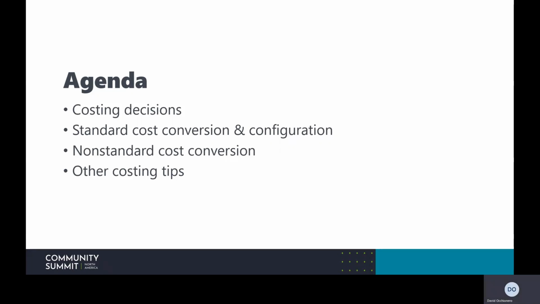I'm going to go through that, going to do a few screenshots and a couple slides. Then at the end of the conversation, I'm going to do a demo that's going to show functionality in D365. And then we're also going to be covering a few scenarios that are not a conversion from standard cost. And then we'll also review a few other costing tips that may help you in your company and environment.